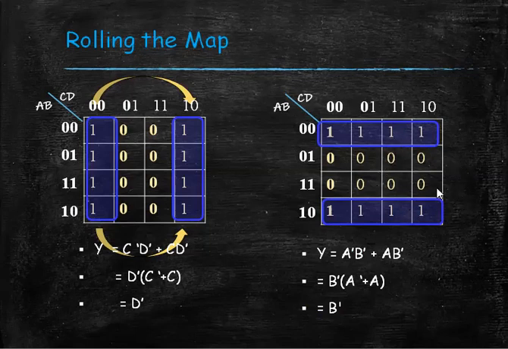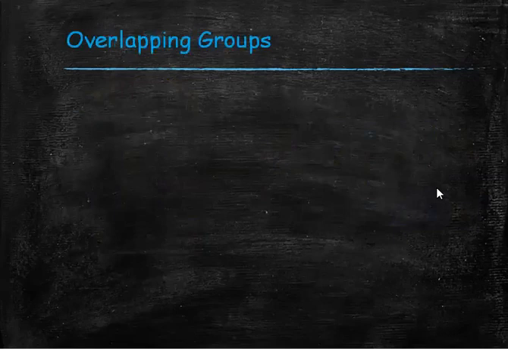Or we can say that when we roll this map top to bottom, in this way we can form an octet from the two quads. Okay. Next we go to overlapping.